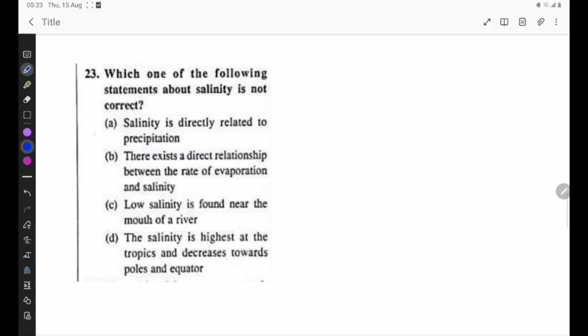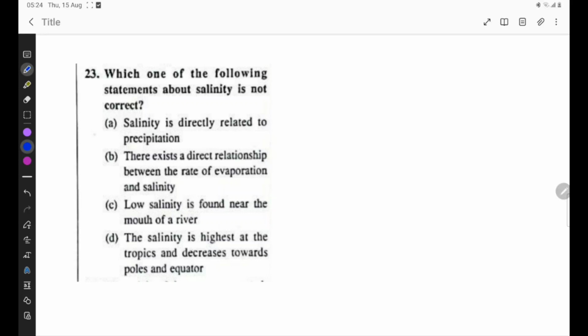because for the salinity of a particular water mass or water current, there are n number of determinants. For example, the sediment load which is incoming there, the rate of evaporation, the rate of precipitation, and the quantum and traffic passing throughout that particular water mass.